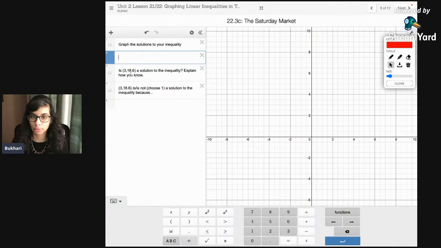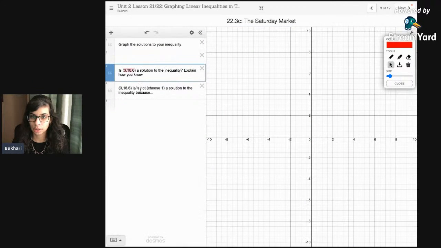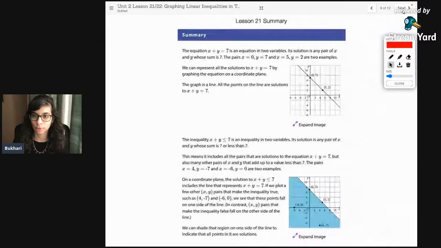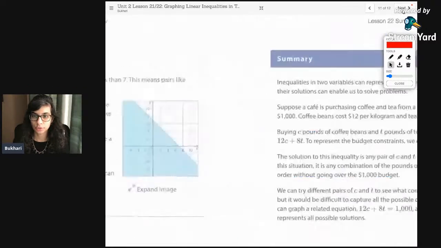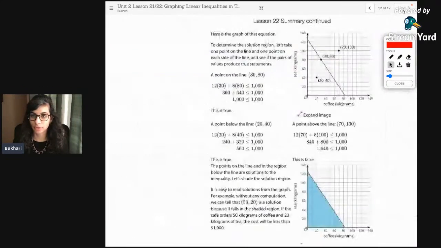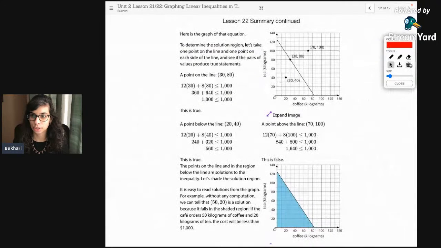And so you want to see whether 3 and 18.6 is a solution or not a solution to your inequality, and describe why or why not. And last but not least, you have your lesson summaries that describe everything that I was talking about and a little bit extra as well. So I will see you in our final lesson, lesson 23.